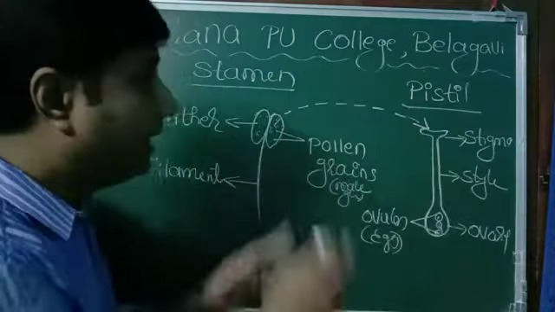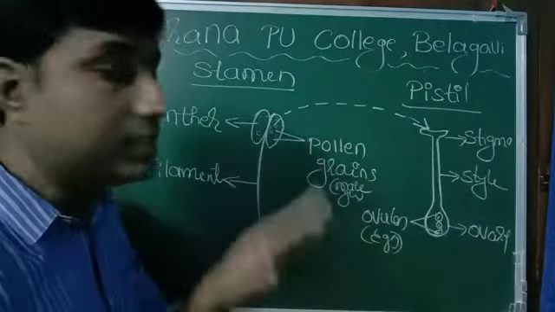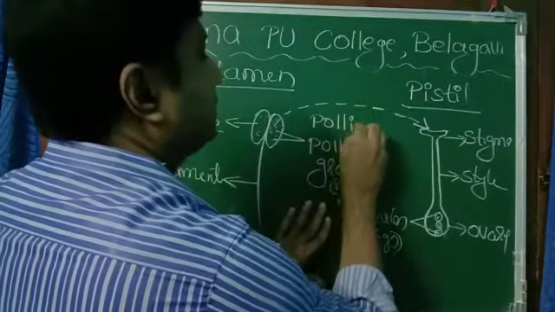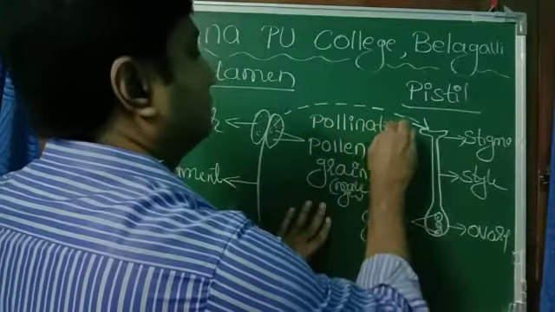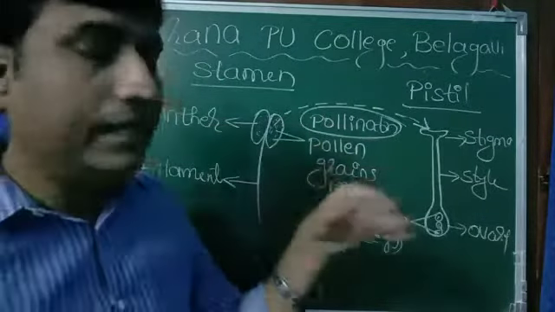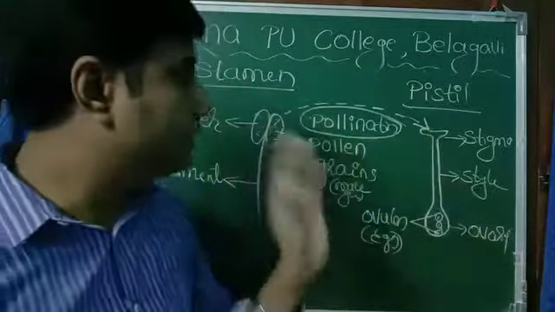That is the first step, and it is called pollination. I will explain again how exactly pollination takes place.